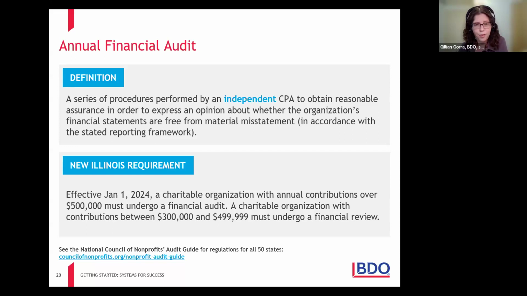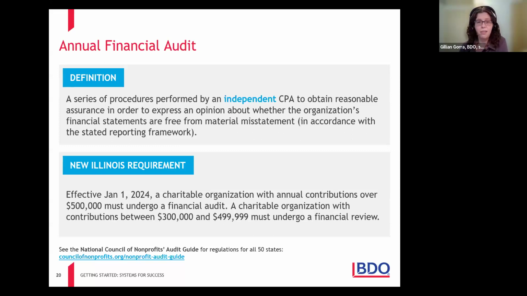Up until 2024, that threshold was much lower. It was $300,000. It's really challenging for organizations at that budget size to really manage through an audit process and afford it.